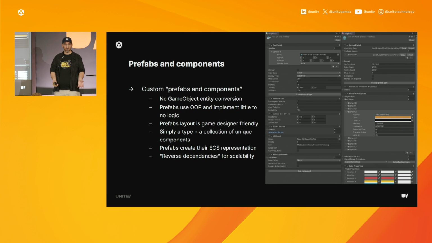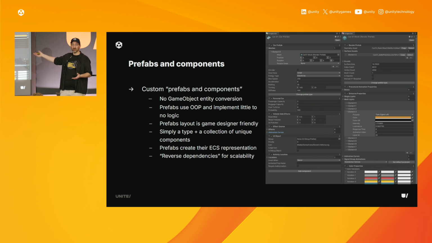Prefabs are using OOP, so they never really go into ECS itself, so we don't need to optimize them very much. We still use inheritance to have common ancestors for certain prefabs, so we can find them by type and so forth. So it's still convenient to work with them. And when they get registered to the simulation, they create a representation that is going to be their ECS representation.